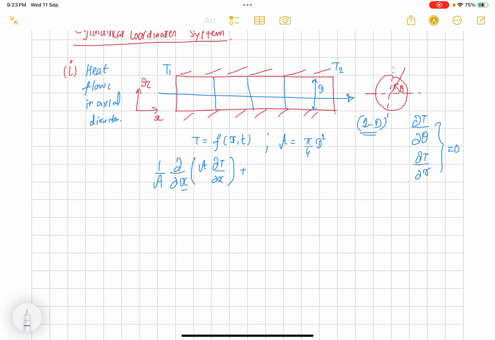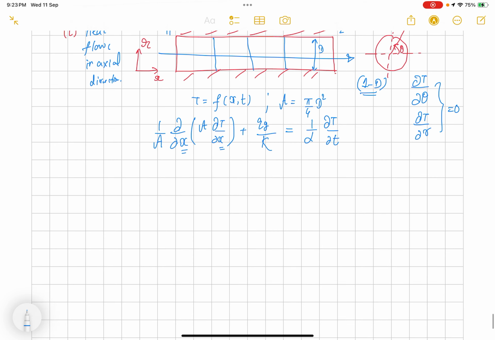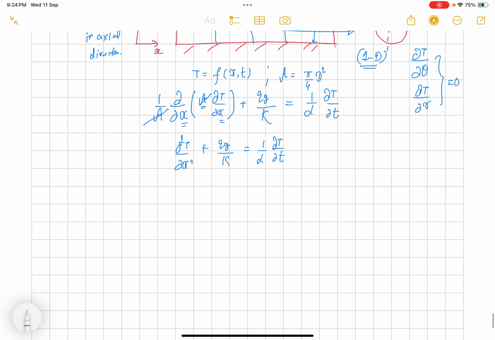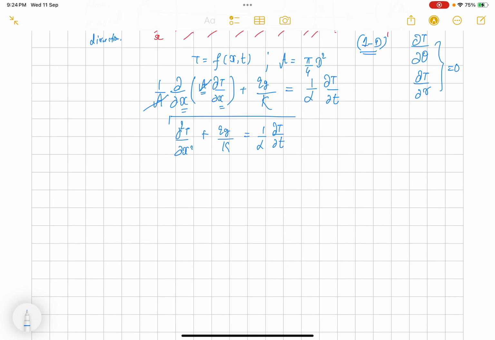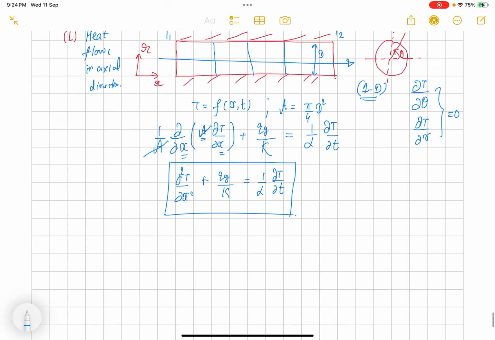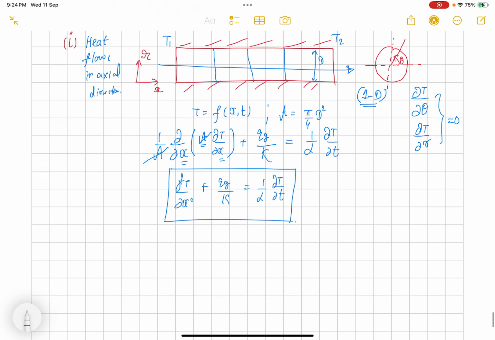That's why we are writing the change of temperature with respect to x only, plus Qg by K equals one by alpha del T by del t. Since area is not a function of x, area can come out and it will get cancelled. So again we get del square T by del x square plus Qg by K equals one by alpha del T by del t. So this is the governing equation for one dimensional heat flow inside the pipe, where the heat is flowing in the axial direction.